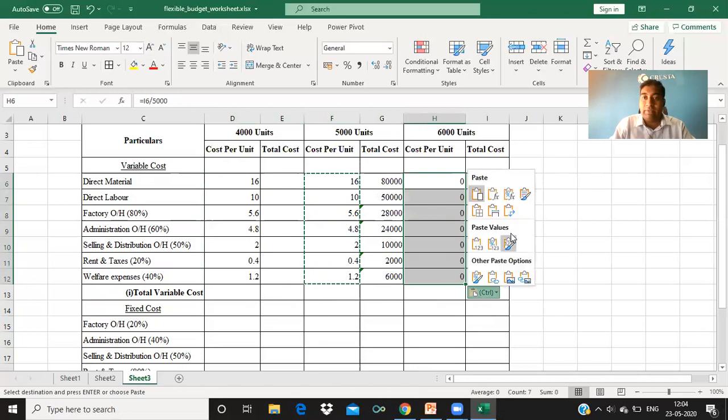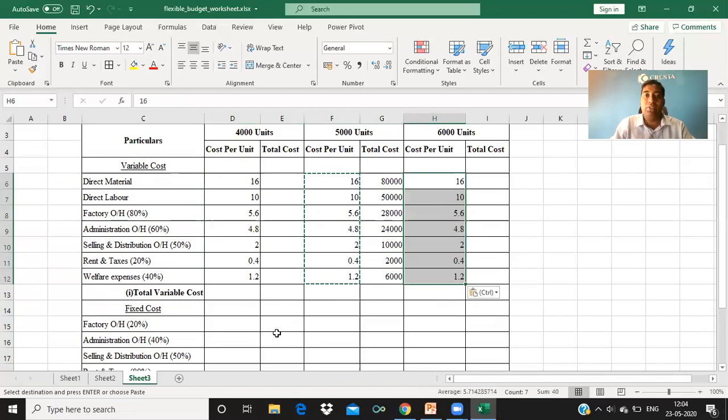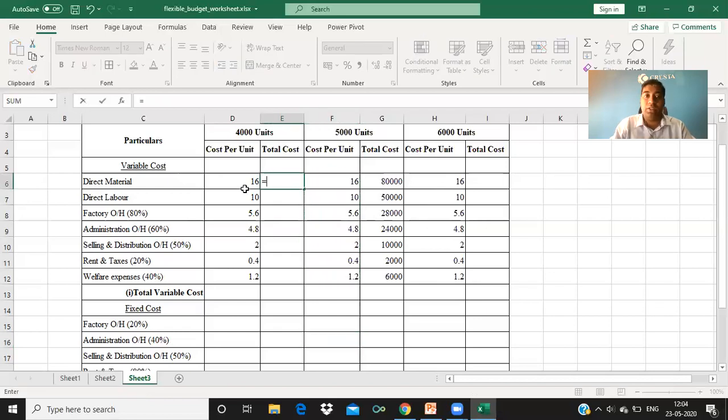Accordingly, I have taken the same values for the different number of units for which we are going to prepare the flexible budget. How we are going to calculate the total cost is very simple. 16 into the number of units, that is 4,000.